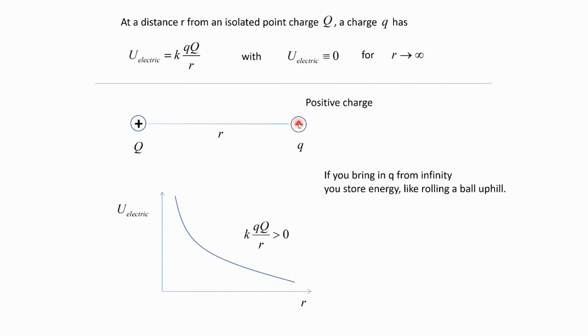And you can see that you'd have to push hard because it's repelled by the big Q. If you were to let it go, it would move towards lower potential energy. Remember, the big Q is fixed, so if I let go of little q, it's going to fly off to the right, or it's going to roll down this hill towards larger and larger values of R.